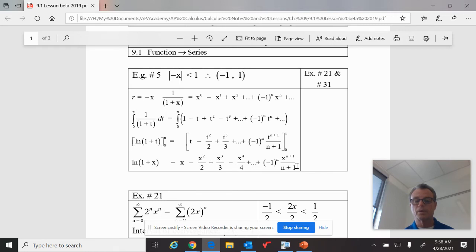So this is what you want to familiarize yourself with when you go to problems 21 and 31 that are paired up. We're going to ask you in 31 to anti-differentiate the expression in 21. So you can pause the video and use example 5 as the model in order to anti-differentiate what you got in 21.